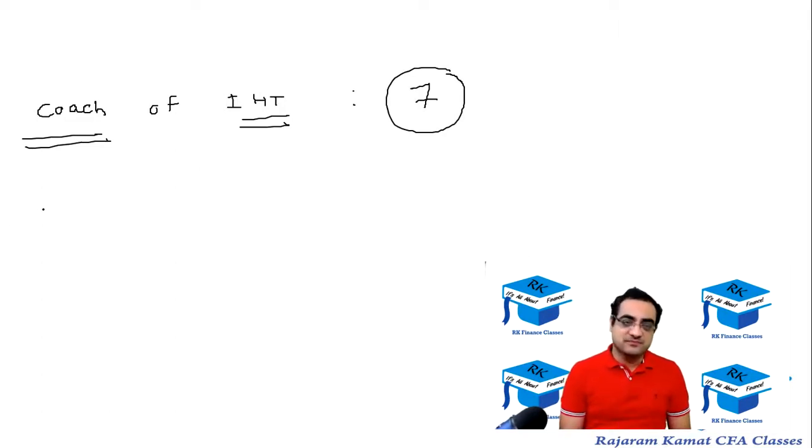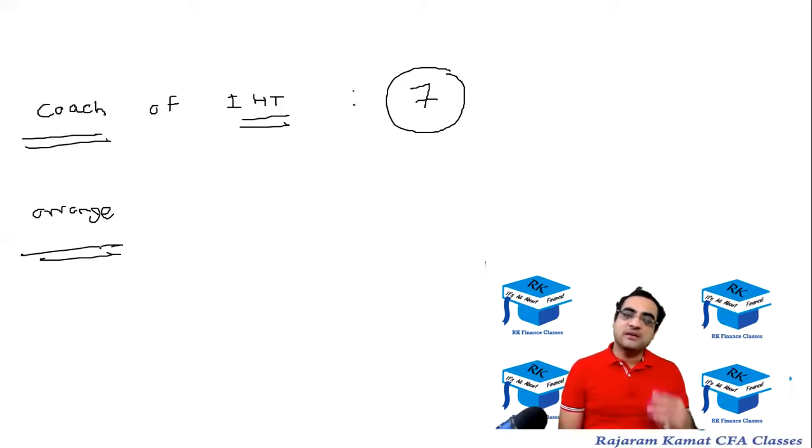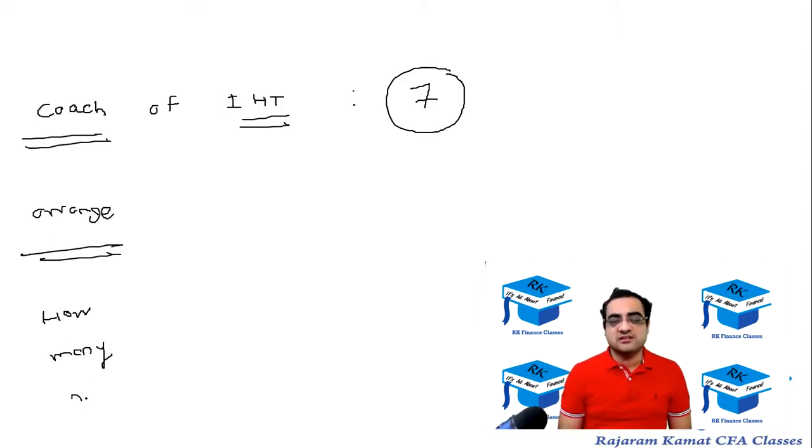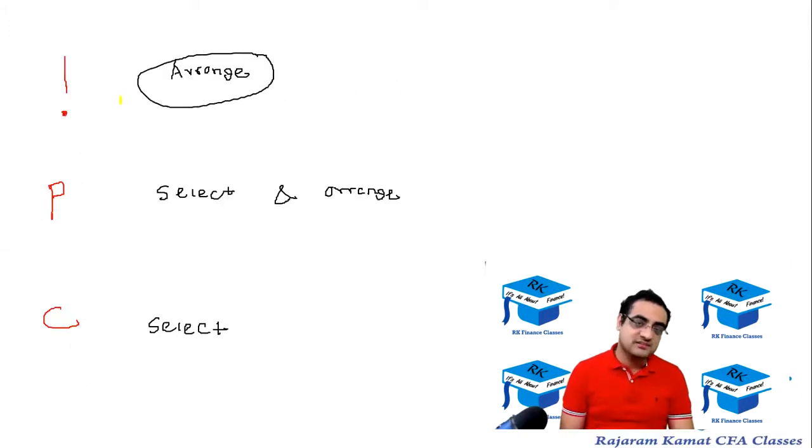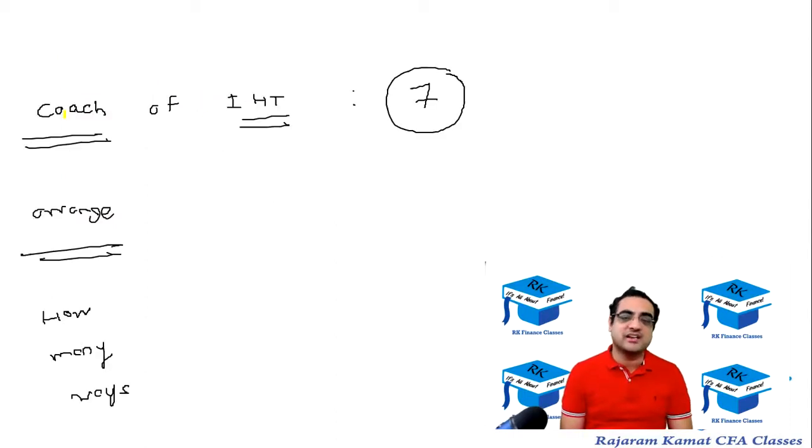So you have to arrange them. You don't have the liberty to choose them. You have already been given these 7 players who will play in this match, and you have to simply arrange them. In how many ways can it be arranged? Arrangement means factorials. So this could be arranged in 7 factorial ways.